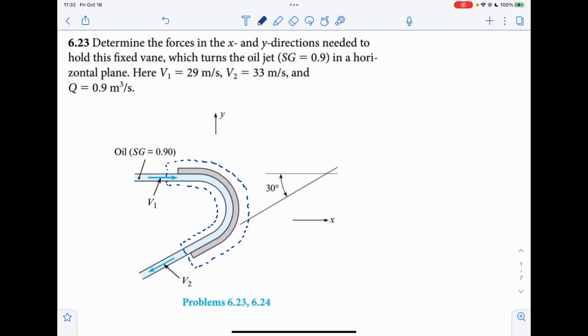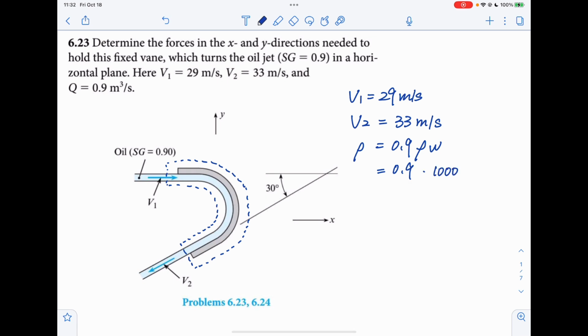in a horizontal plane. So we are given V1 equals 29 meters per second, and V2 equals 33 meters per second, and the density of the oil is 0.9 times the density of water, so 0.9 times 1000 kilograms per cubic meter.